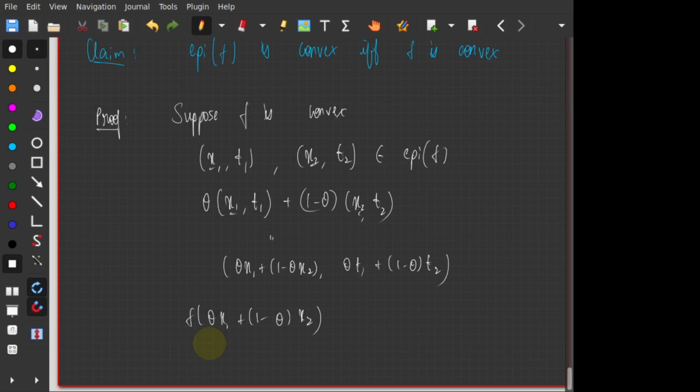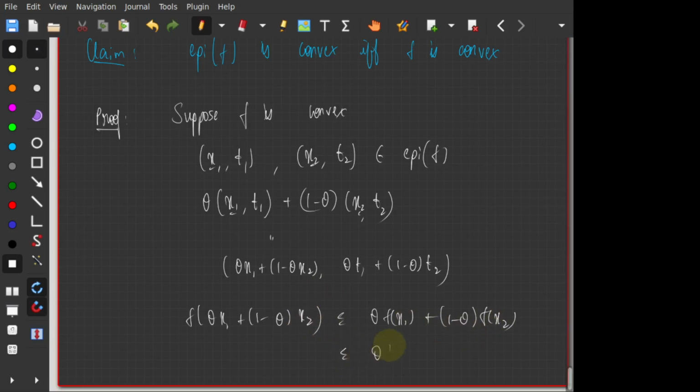So f is convex. This is less than or equal to theta times f of x1 plus 1 minus theta f of x2. But what do you know about t1 and t2? They're in the epigraph. So f of x1 is less than or equal to t1 and f of x2 is less than or equal to t2.